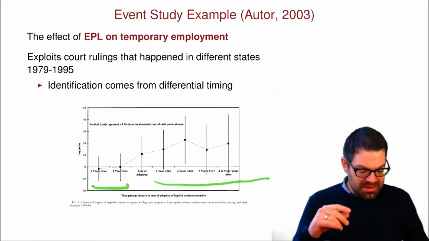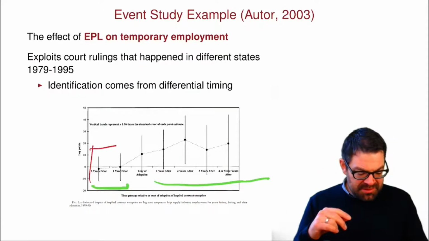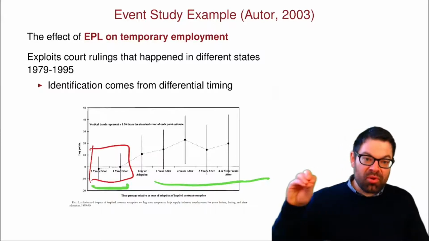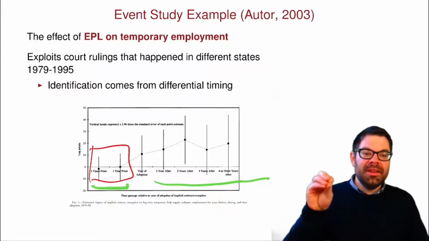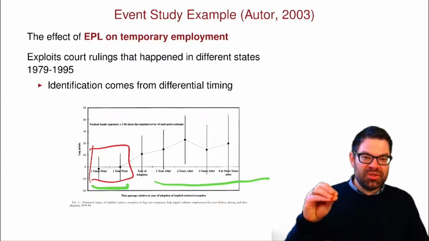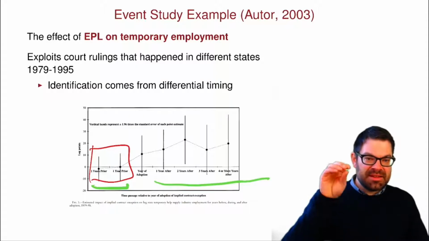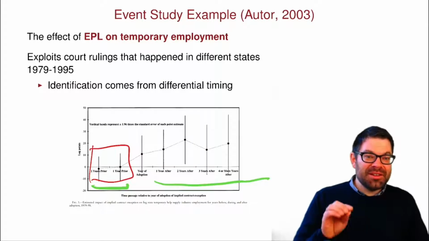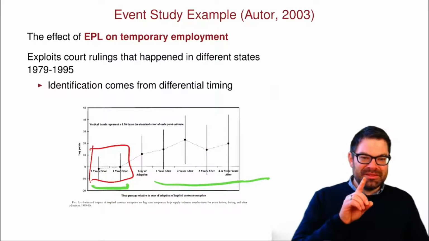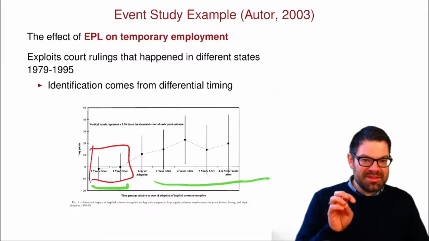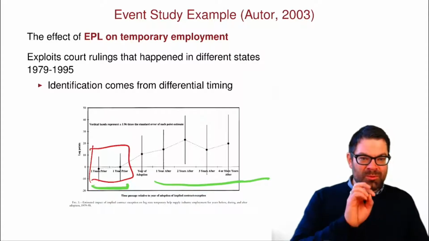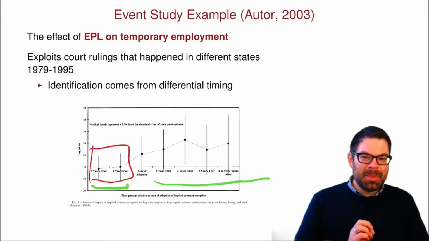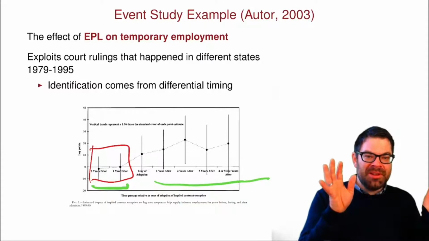And you can see here that there is no difference in the trends in the years prior to the introduction of employment protection legislation. So states that have introduced it and states that have not yet introduced it had no difference in agency work before one state introduced it, but the difference opens up later.